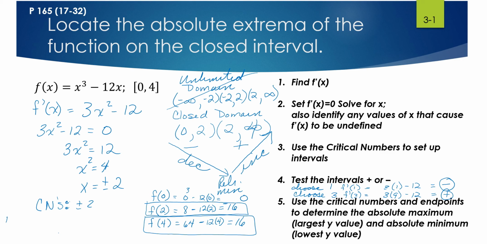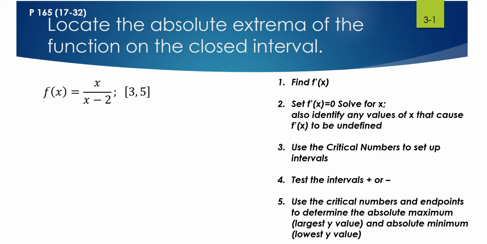And so I have an absolute max at x equals 4, which gives me 16, and I have an absolute min at x equals 2, which gives me negative 16. And that's my final answer.